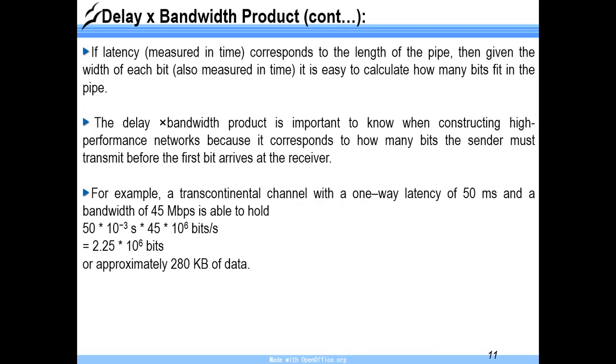Why do we calculate the delay times bandwidth product? This is important to know when constructing high performance networks, because it gives an idea of how many bits the sender must transmit before the first bit arrives at the receiver.